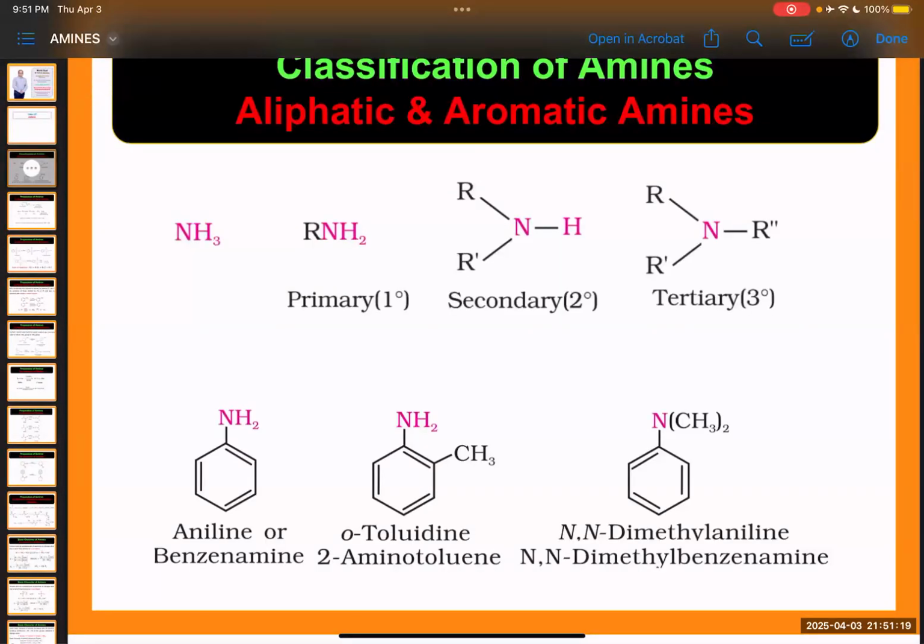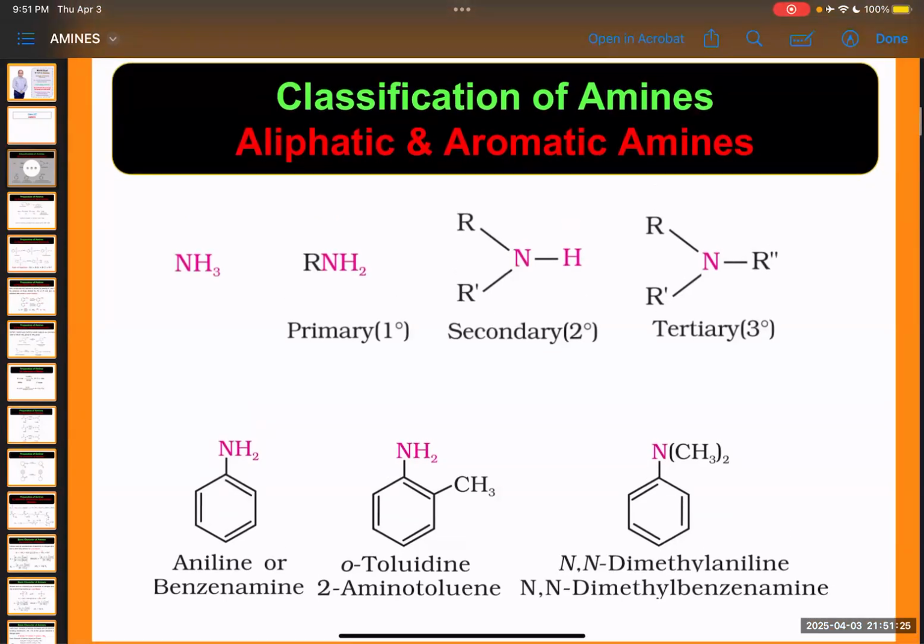So first of all, amines are the alkyl derivatives of ammonia, as you can see. Depending upon the number of alkyl groups, you can have primary, secondary, tertiary amine, or you can also have quaternary ammonium salt. Quaternary ammonium salt means there are 4 alkyl groups and there is a plus charge.